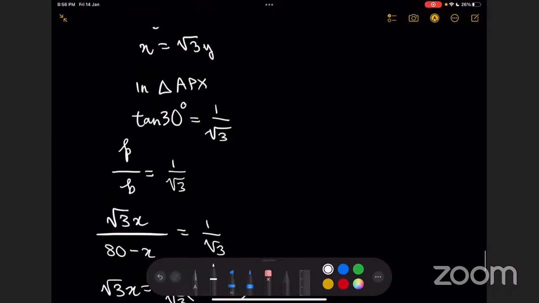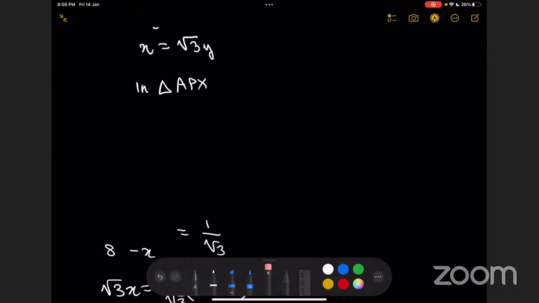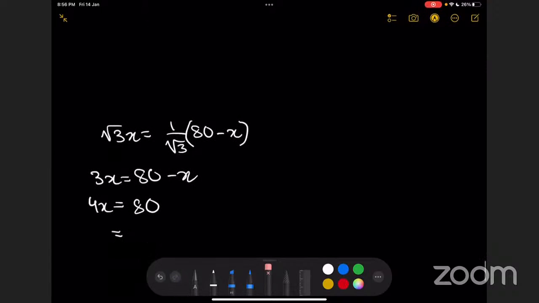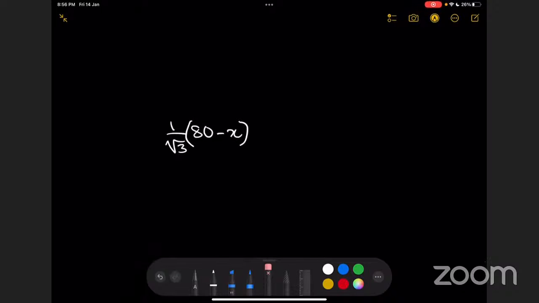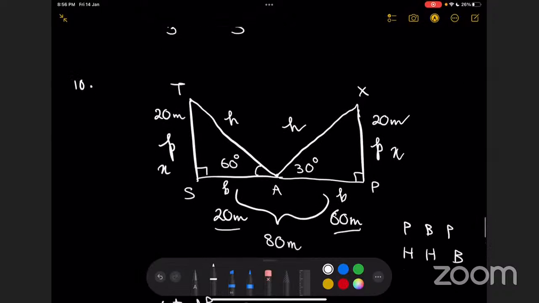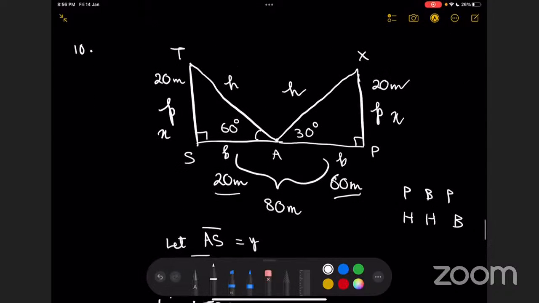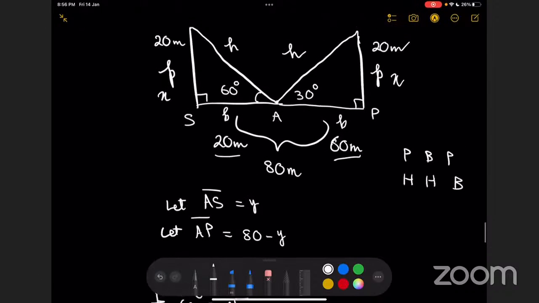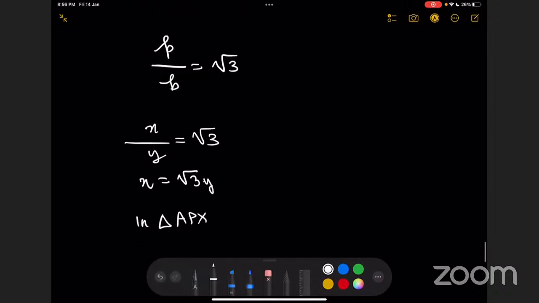Here, and on this triangle, we're going to find a way to implement this value. To find the perpendicular, we know the base, that is 80 minus y. Actually, I should find the value of y instead of x.